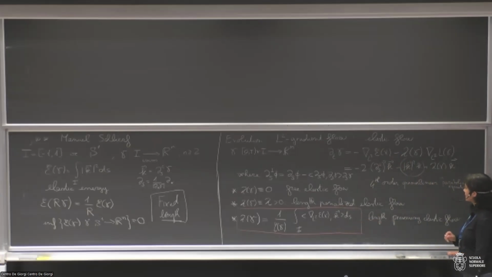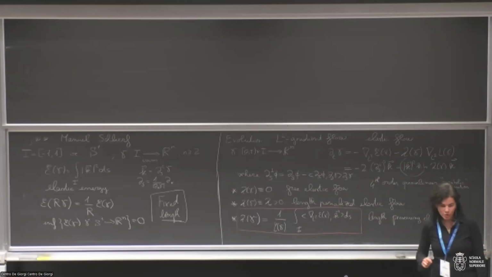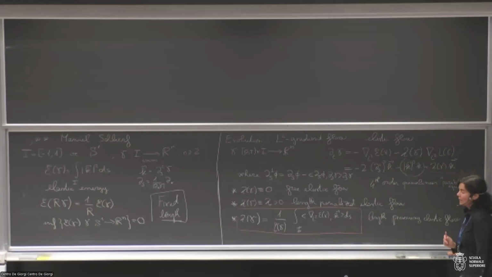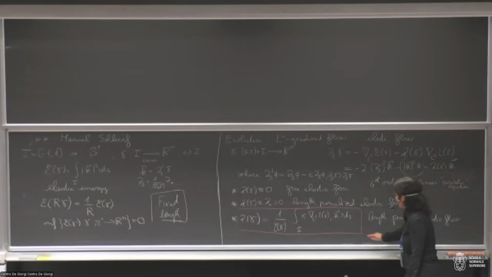What does that in turn give us in the equation? This choice of lambda gives us a non-local term here. So we have a non-local contribution. And that's what we are going to do today.